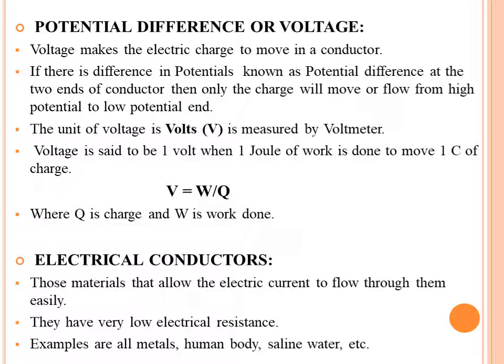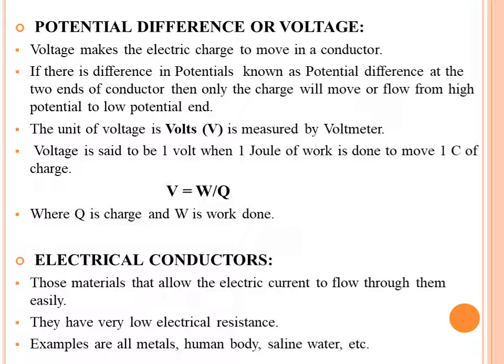If there is a difference in potential, or a difference in voltage, at the two points of the conductor, then only will the electrons move from the high potential to the low potential end. The unit of voltage is volt and it is measured by a voltmeter. By definition, voltage is said to be 1 volt when 1 joule of work is done to move 1 coulomb of charge.